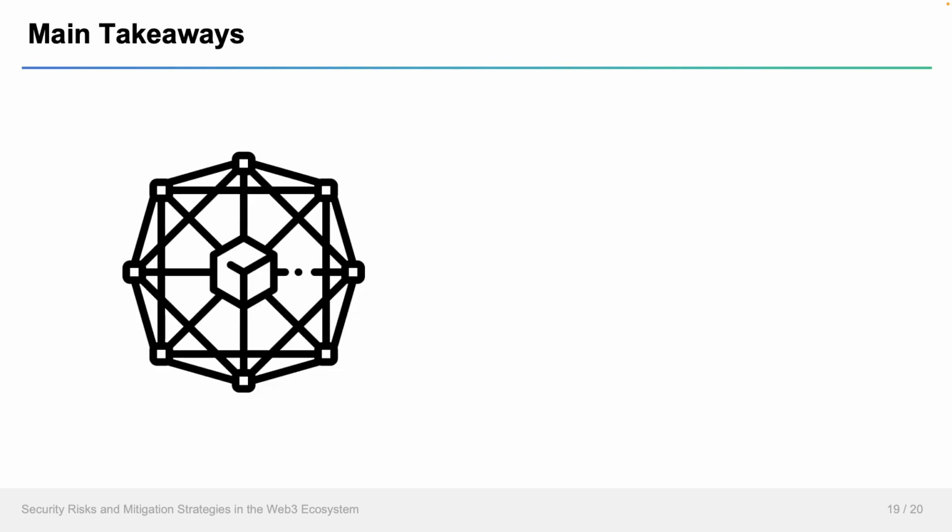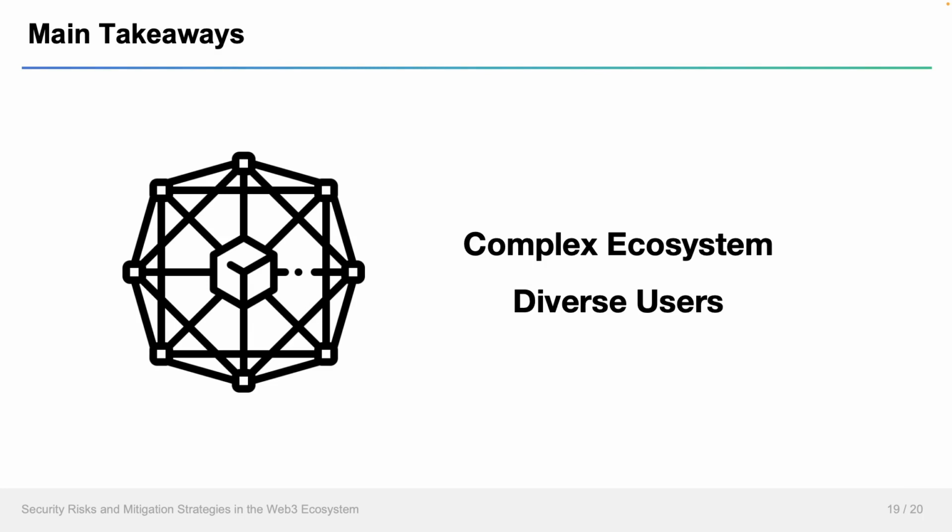To summarize our main takeaways from this study, firstly, the intricate environment of the Web3 ecosystem, coupled with diverse user security perceptions and behaviors, underscores the need to bridge the gap between user awareness and security risks. This exploration can guide more effective security strategies. Secondly, a comprehensive understanding of user security awareness reflects a holistic view of the Web3 ecosystem's security landscape.